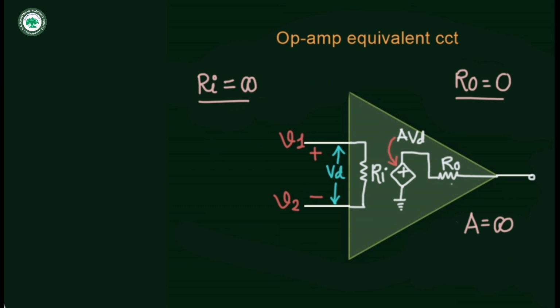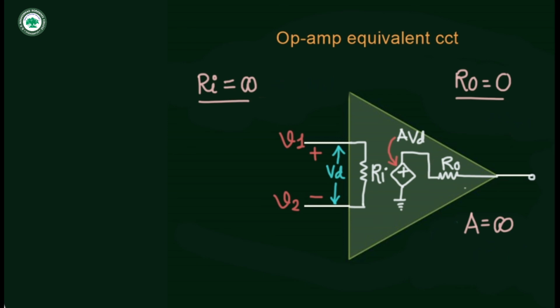Similarly, suppose there is some load applied to this amplifier. As and when we consider this Ro, there will be some voltage drop. That means again we would expect the output voltage to be a little less than what we expect. That is nothing but reducing the gain, so the gain will be reduced.